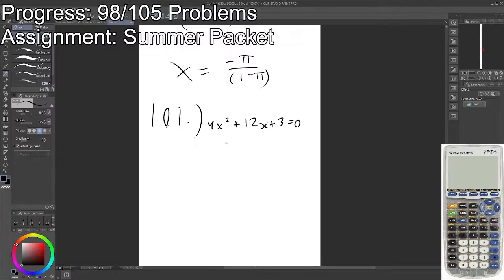Solve for x. Okay. I kind of want to use completing the square. Yeah, why not? I always forget it. Let's see if I can remember it this time.